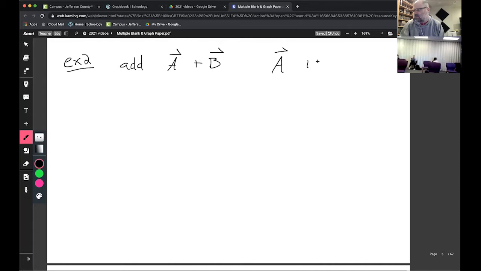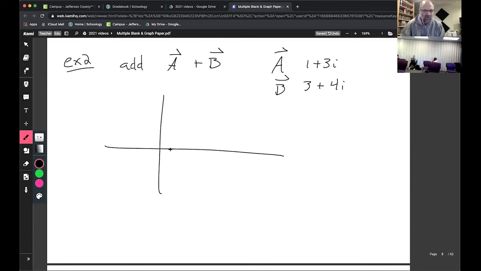We're going to say 1 plus 3i, and B is 3 plus 4i. So if I were to graph it, 1 plus 3i looks like it's right there. Then 3 plus 4i looks like it's right there. So here's A, and here's B.